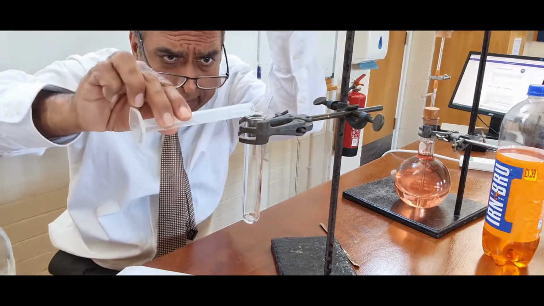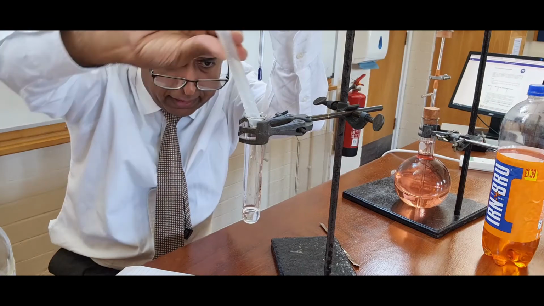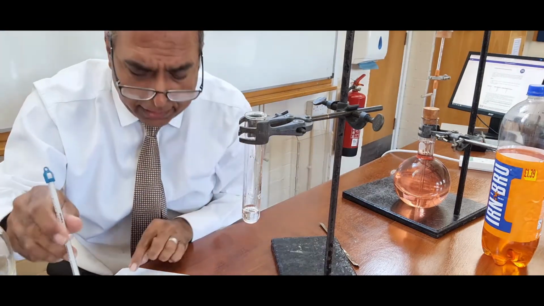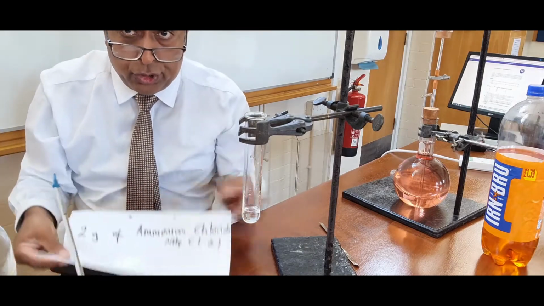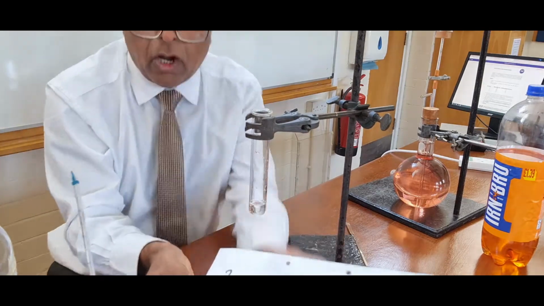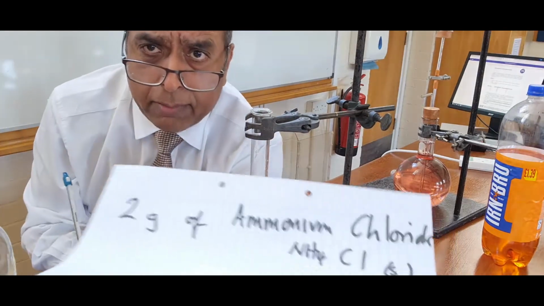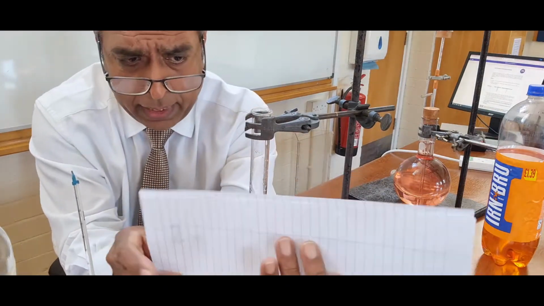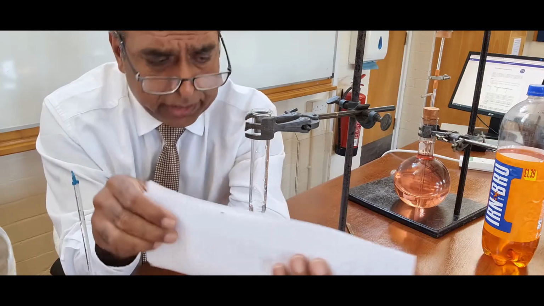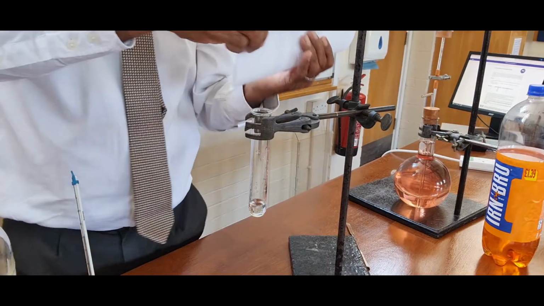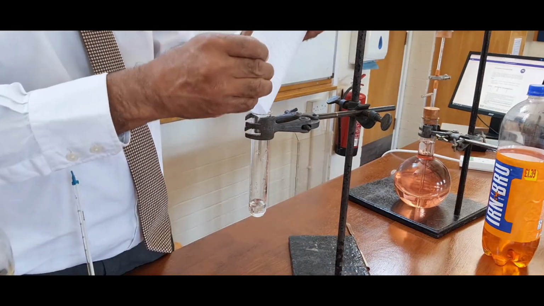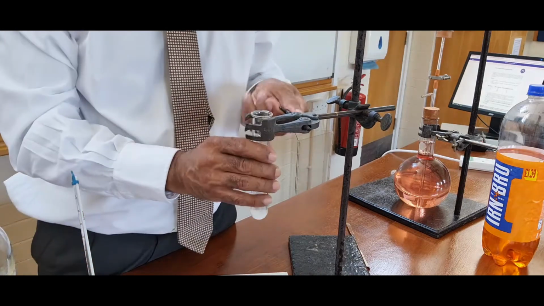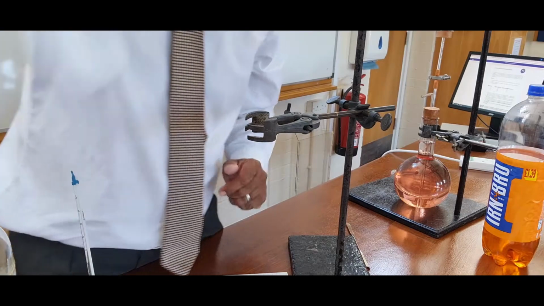Now I put that 5 of water in there, together with 2 grams of ammonium chloride, that's that solid there. The way I can do that is to do a little crease and put that in there like that, and try and dissolve it.